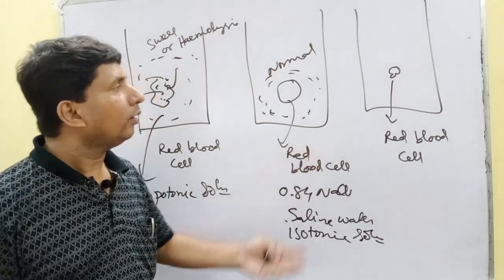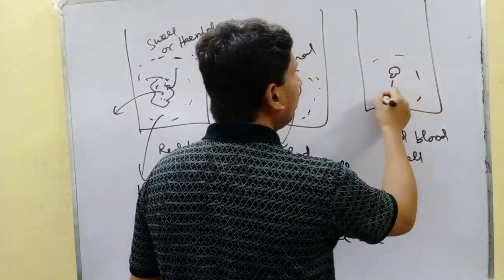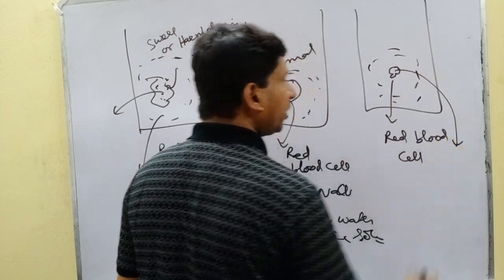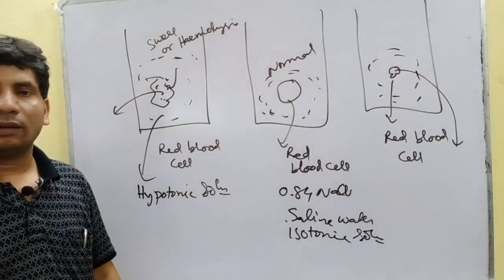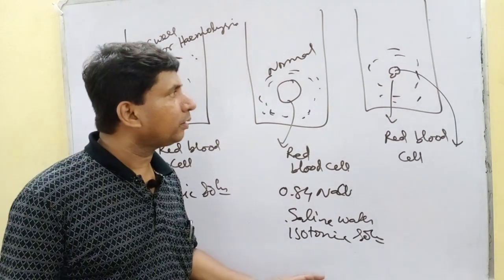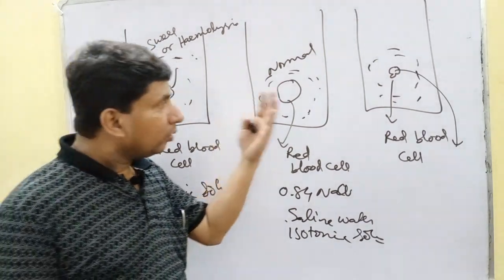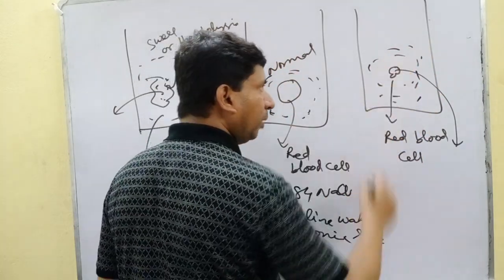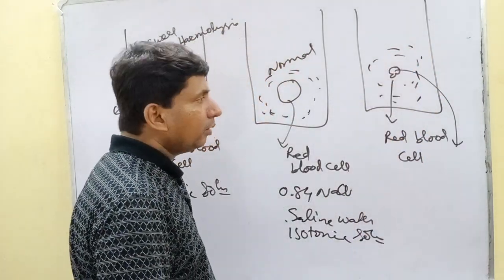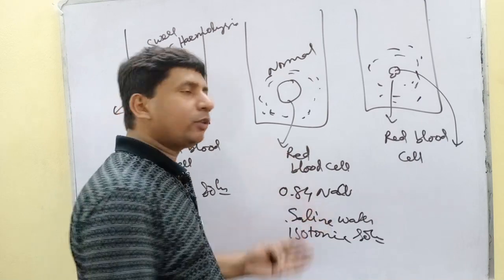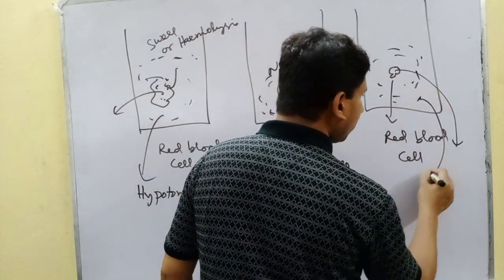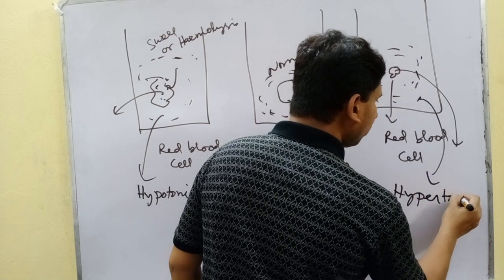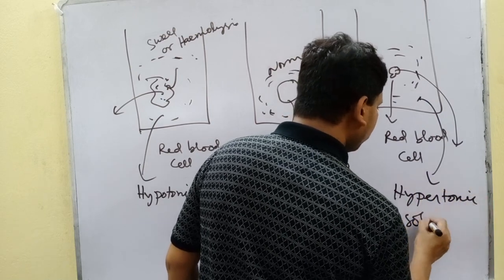If the pressure of the solution and the pressure of the blood are not the same, and the pressure on the solution side is higher than the blood cell, this is known as a hypertonic solution.